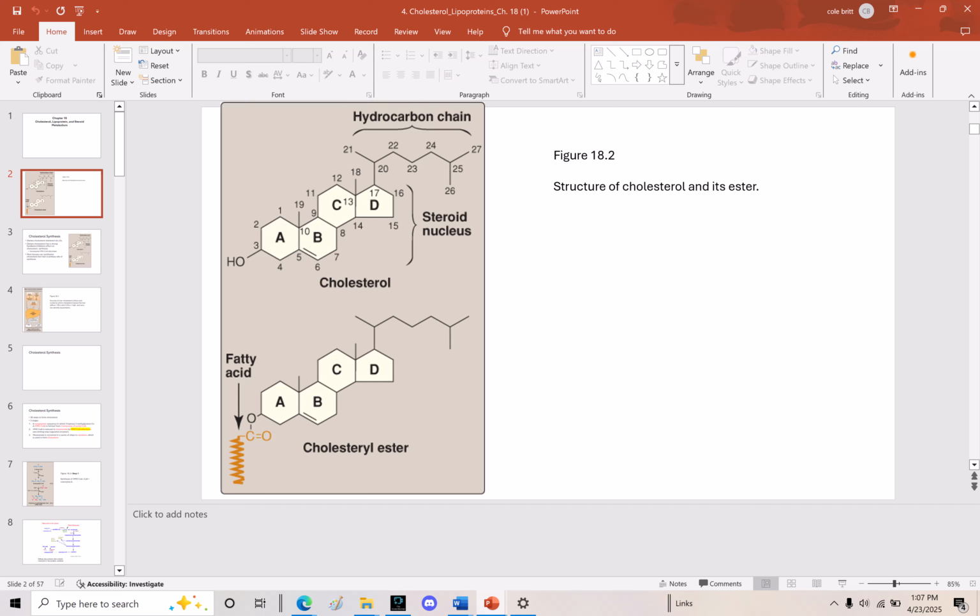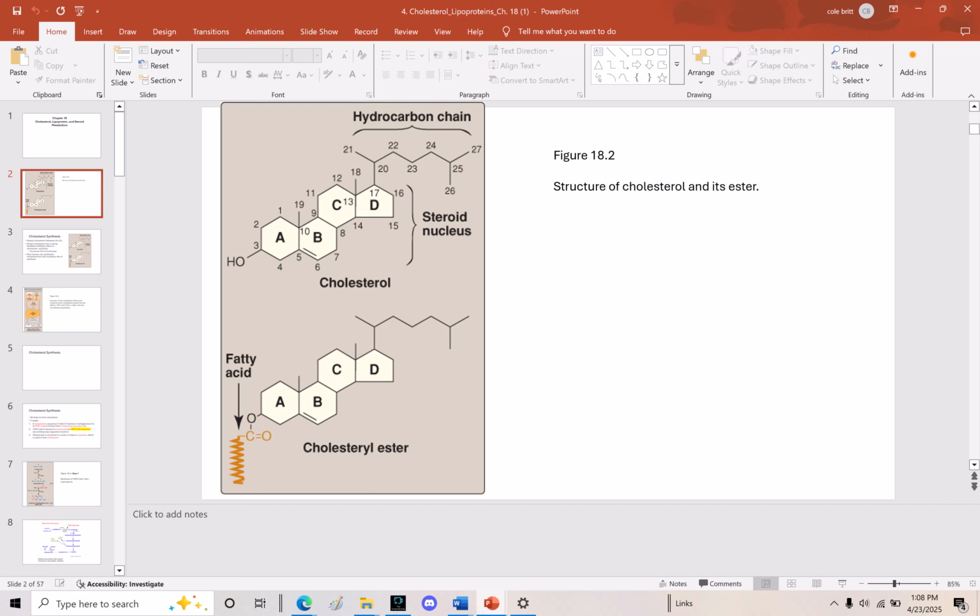Cholesterol is very identifiable because it has 4 rings. So cholesterol is a 4-ring structure. And cholesterol itself has this kind of hydrocarbon tail out there. But it has so many carbons, it's basically a bunch of carbons and hydrogens. And whenever you have a bunch of carbons and hydrogens, you're hydrophobic.